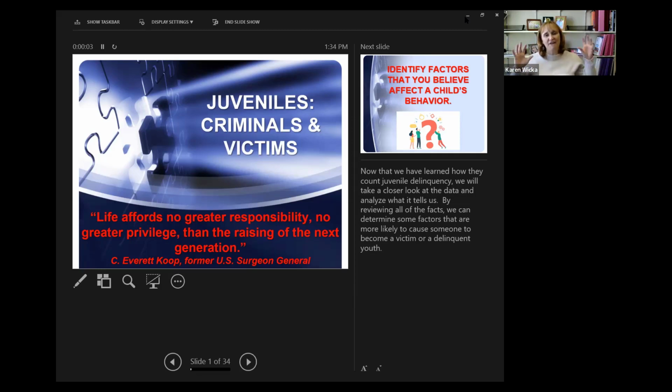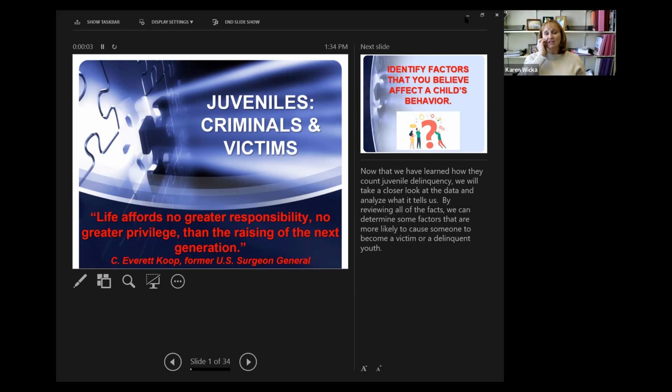So we're going to look at the factors surrounding a juvenile's life that could influence them more likely to become delinquent or protect them from becoming delinquent. Again, not causation. We're not saying any of these factors by themselves cause somebody to become delinquent. We're just saying that they compose a risk to juveniles to push them towards delinquency more than other factors.